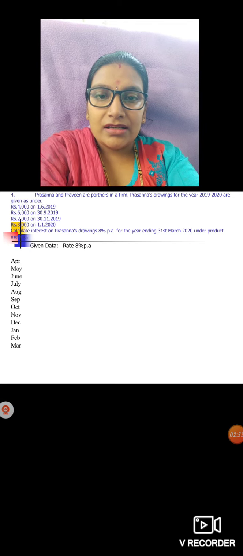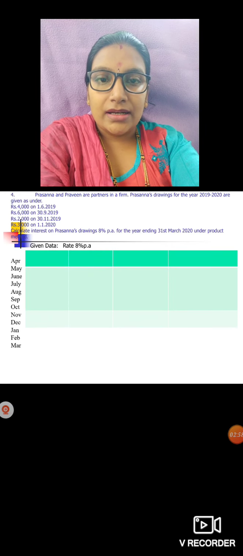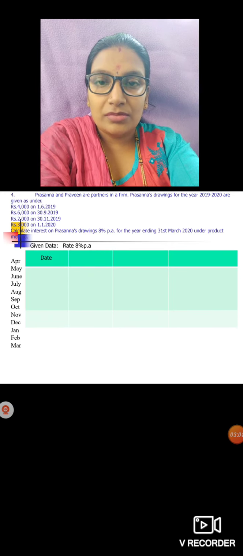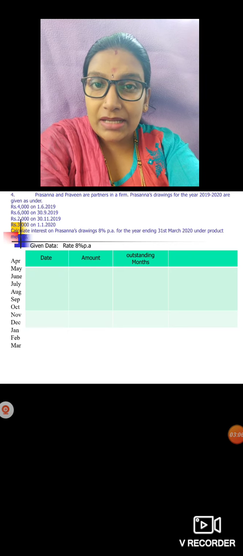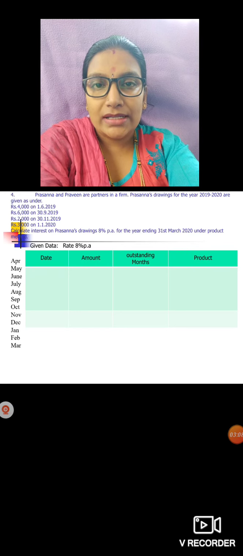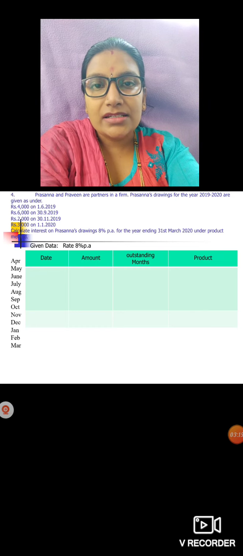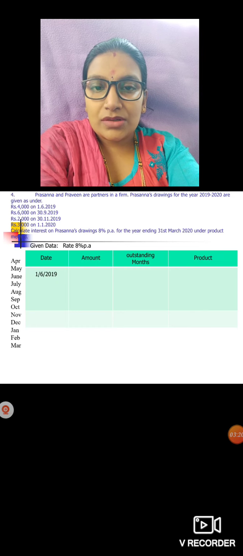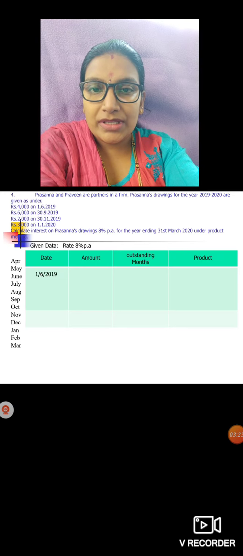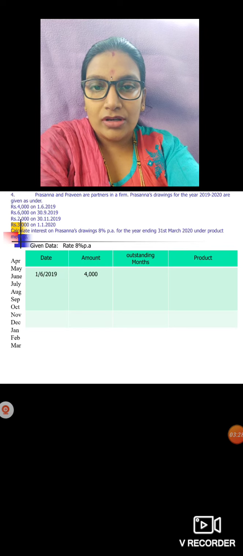From the given data, the rate of interest is 8% per annum. Then we should have a table. First column date, second column amount of withdrawals, third column outstanding months, and fourth column the product. So first date, 1/6/2019, he withdrew rupees 4,000, recorded in the amount column.